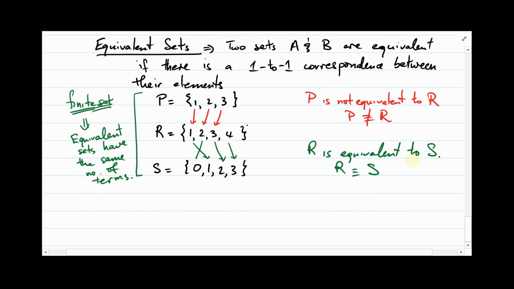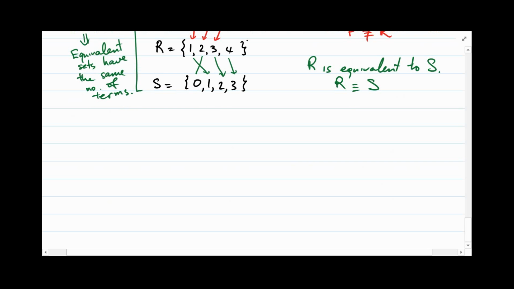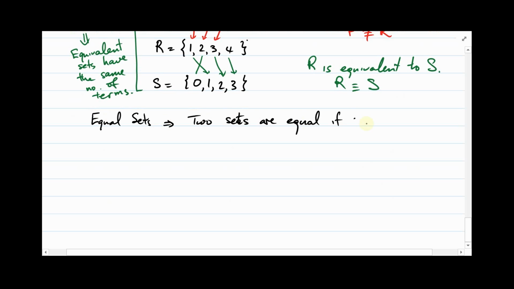Now, what's the difference between equivalent sets and equal sets? For two sets to be equal, two sets are equal if they have the same elements in each set.